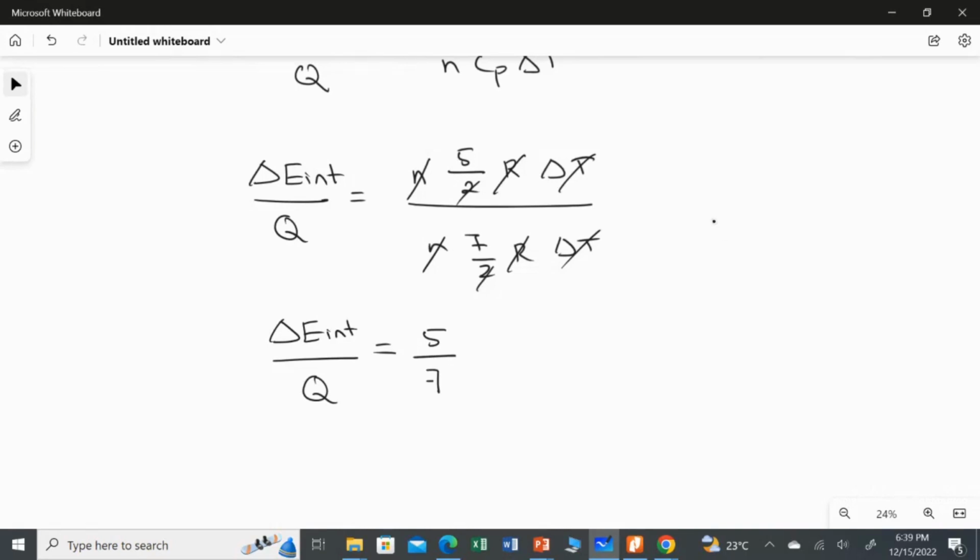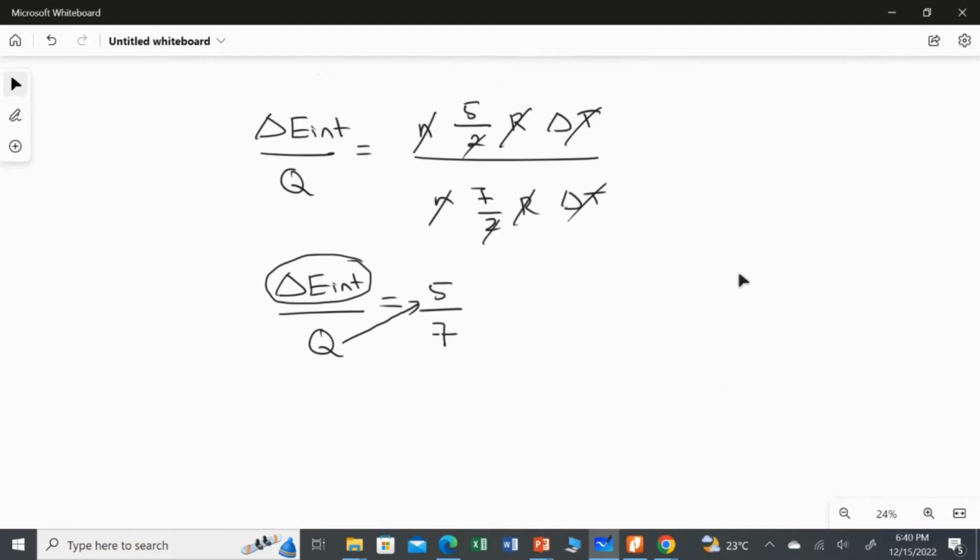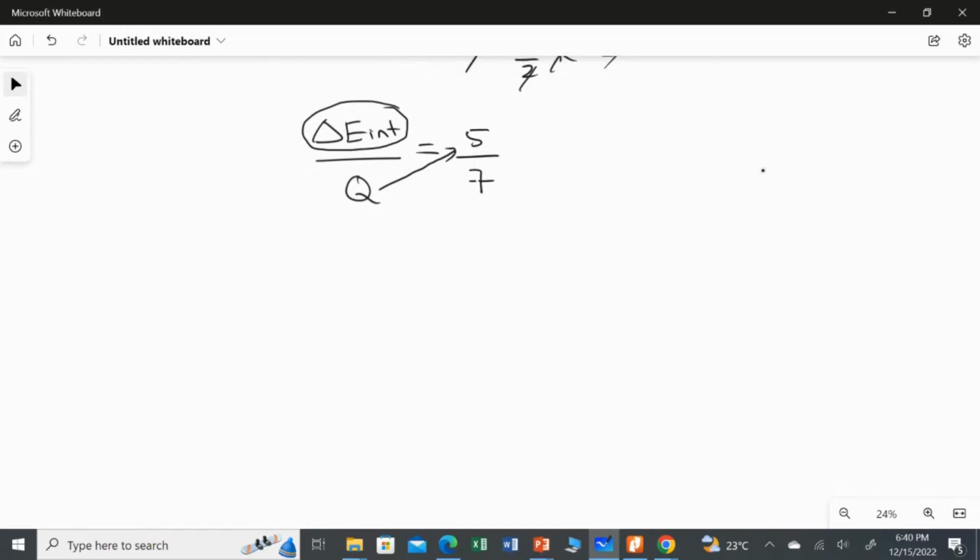5/7, right? And we are going to find the value of this internal energy change, so I have to move this Q to the right hand side. By that, this equation will become change in internal energy equal to Q multiplied by 5/7. And the Q is mentioned here as 90 joules, which is already given in the question.